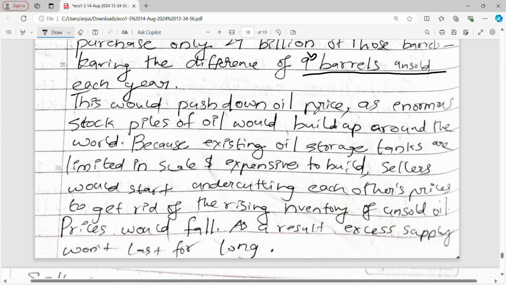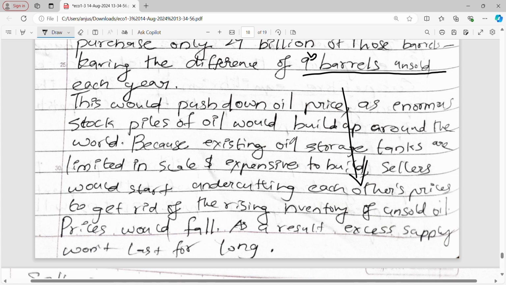So as you have more quantity than the demanded amount, the price will fall. It will push down the oil price because existing oil storage tanks are limited in scale and expensive to build.